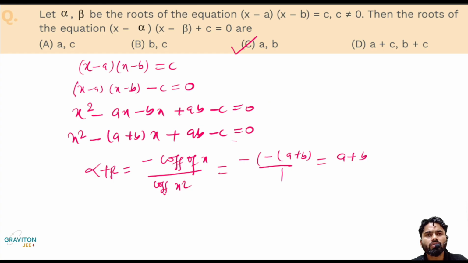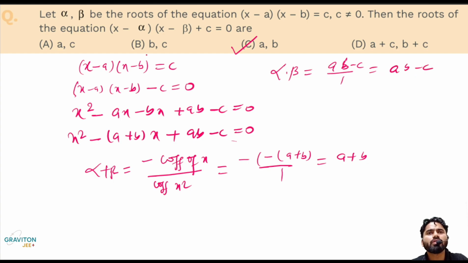And what will you get for alpha into beta? Alpha into beta equal to constant term upon coefficient of x square, so you will get ab minus c.